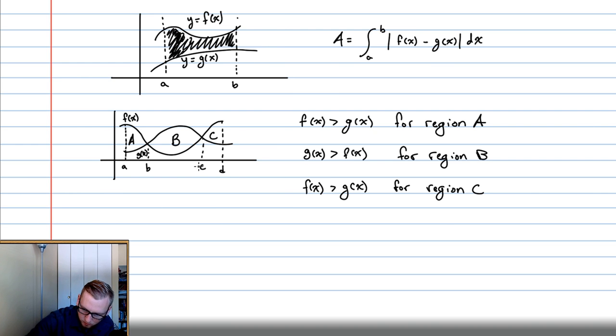Which then just means we have to split up this integral between those pieces and change the signs because we want the distance to be positive.